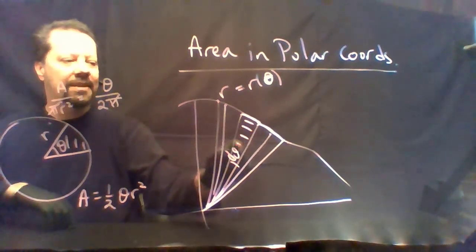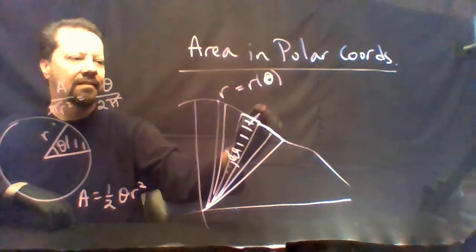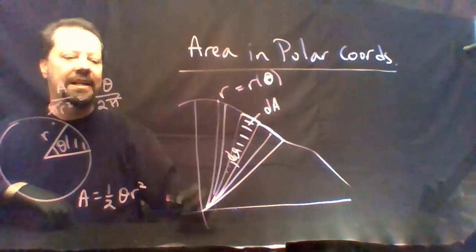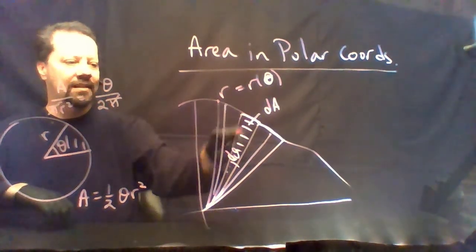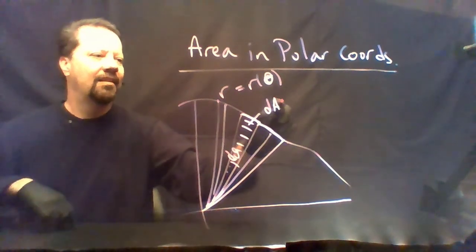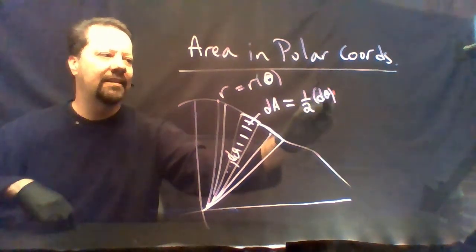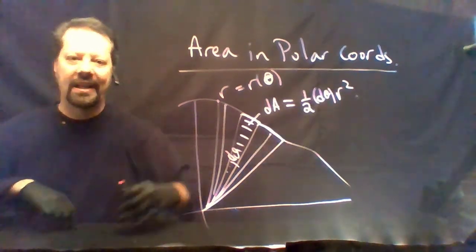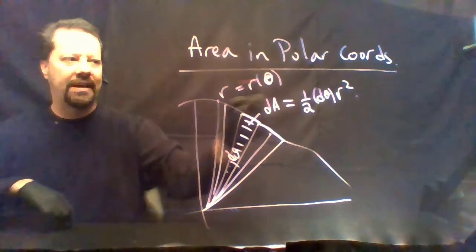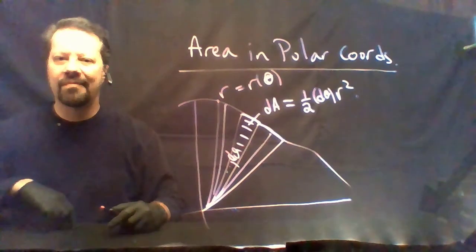The little element of area, the infinitesimal bit of area that we get in this little sector, is then 1/2 times d theta times the radius squared, where the radius is given by this function of theta.